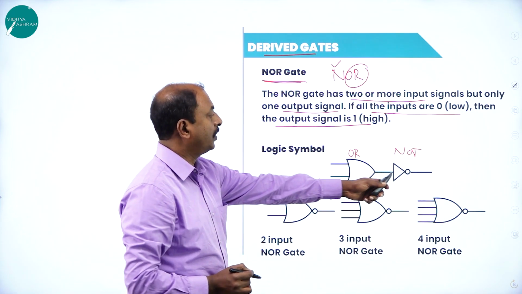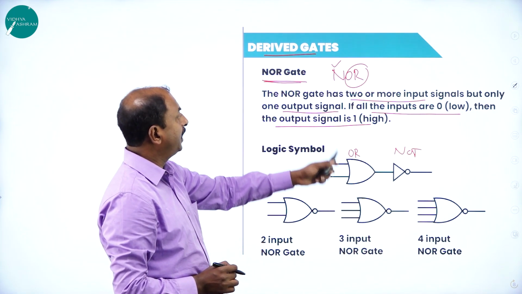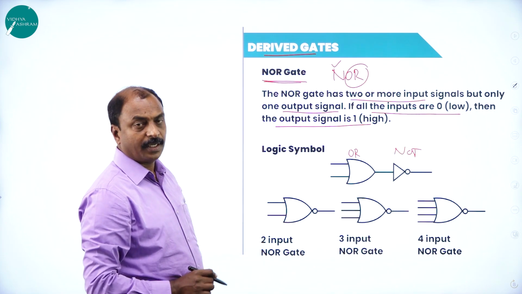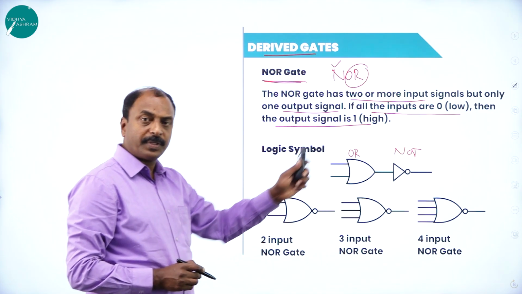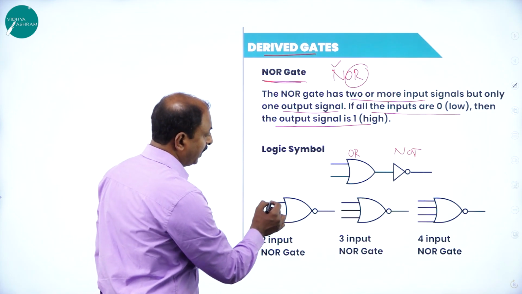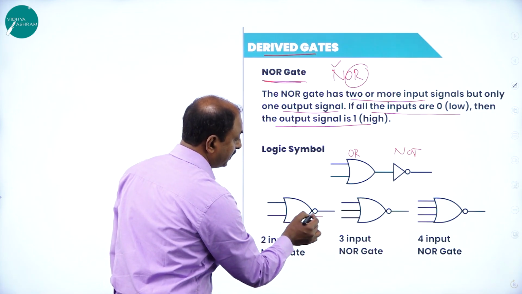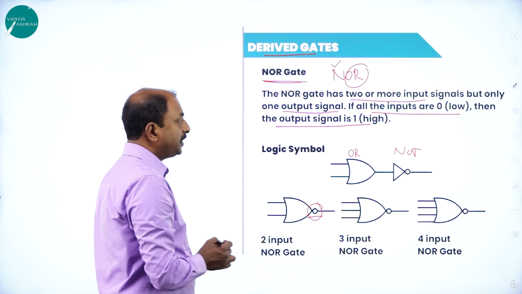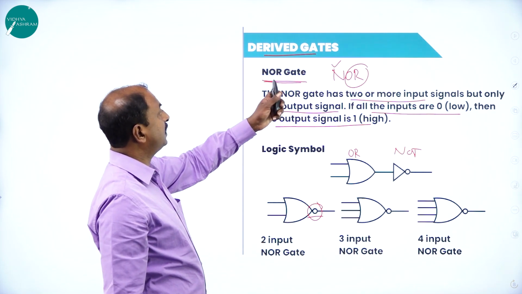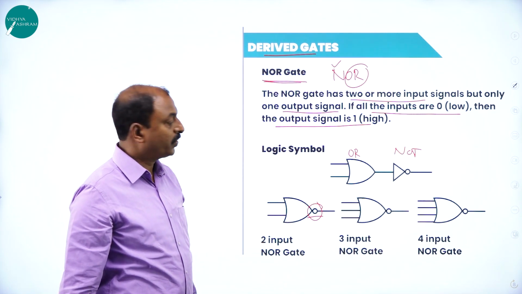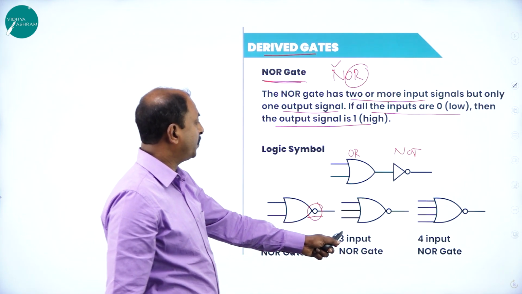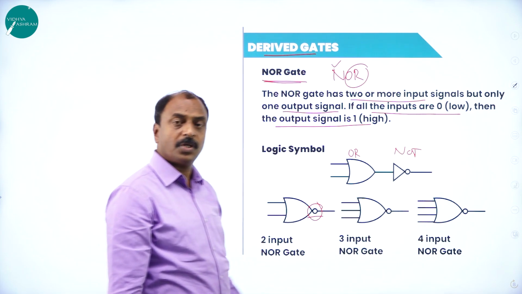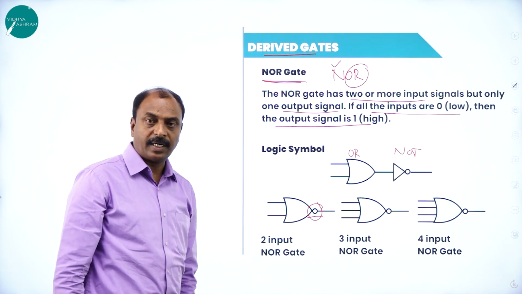So OR gate followed by NOT gate is called NOR gate. And then we represent it as a single symbol, OR gate with a bubble. This is called a bubble. So this bubble represents a NOR gate. This is 2 input, 3 input and 4 input NOR gates. These are derived gates.